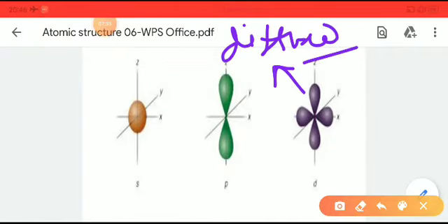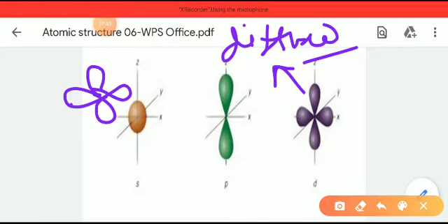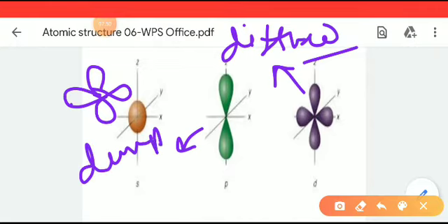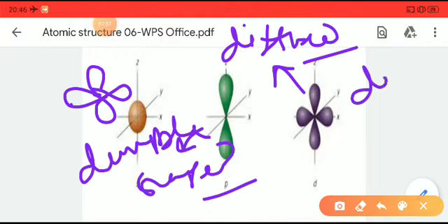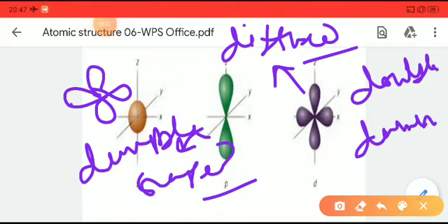If P is dumbbell shaped, then D is called double dumbbell. The shape of D is double dumbbell, the shape of P is dumbbell shaped, and S is spherical.